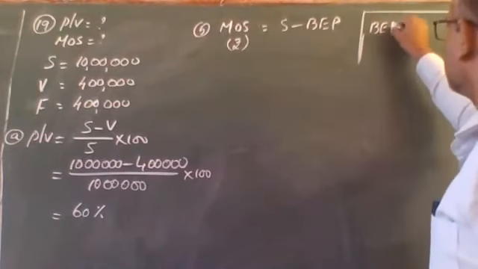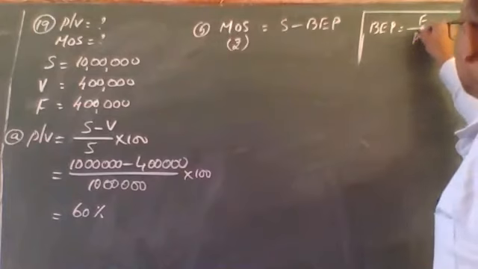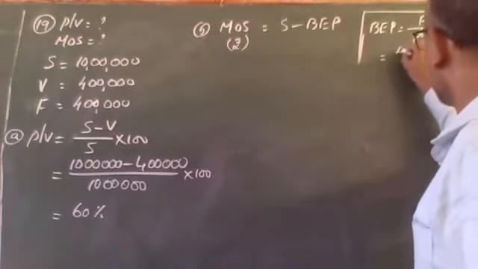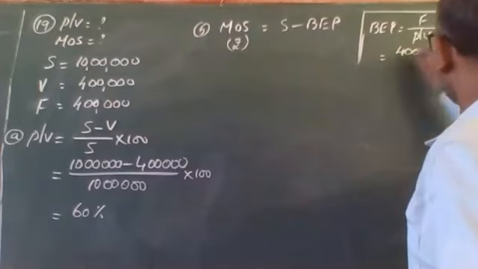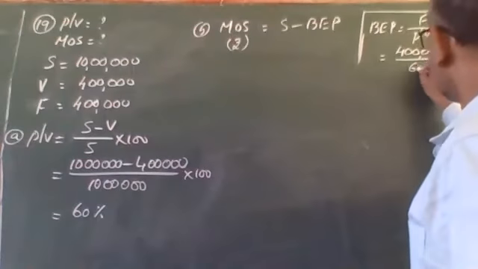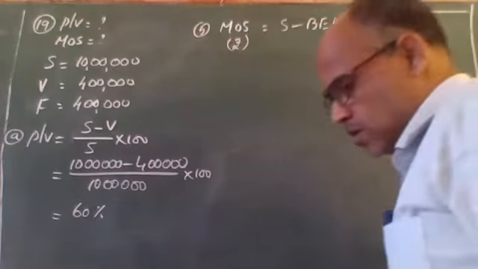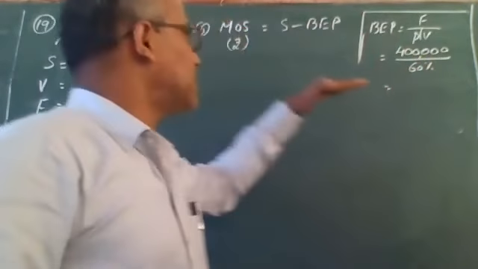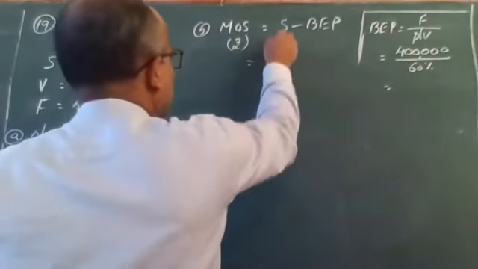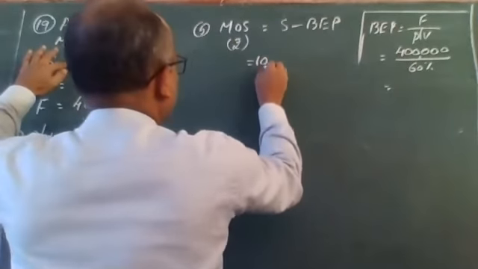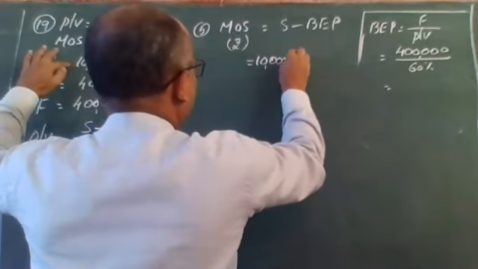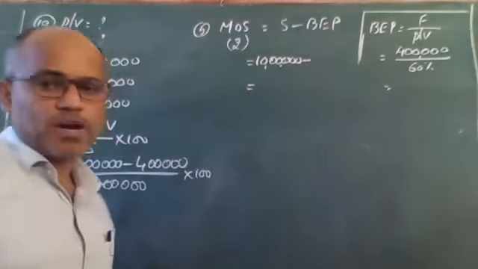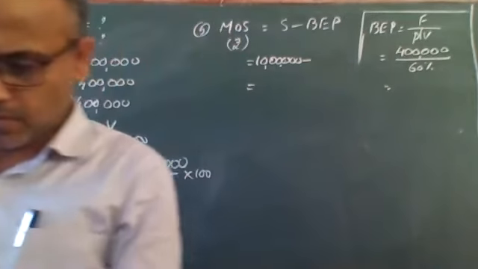BEP is equal to fixed cost by PV ratio. Fixed cost, I know it is 4 lakhs. PV ratio, I know it is 60%. So you first calculate the break-even point, then bring it here. Sales is 10 lakhs here, minus your break-even sales, that gives you the margin of safety.